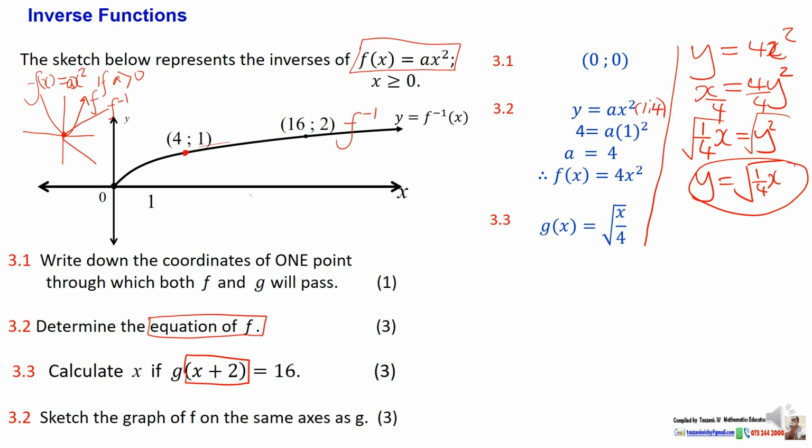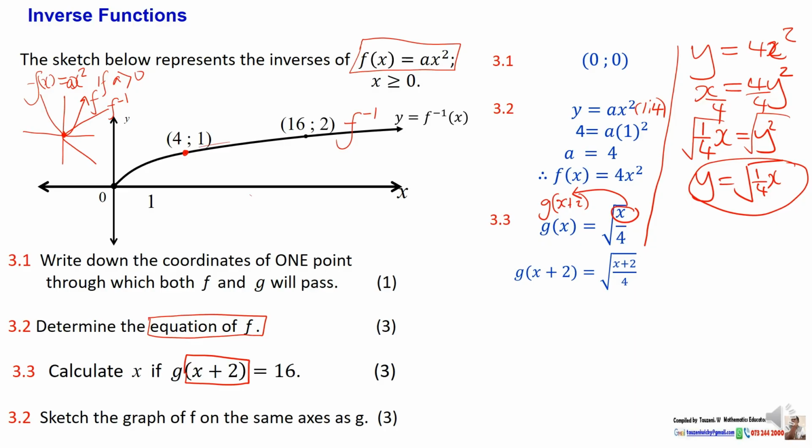Now if we say g of x plus 2, it means in the equation of g, you remove that x there and you replace it with x plus 2. So x over 4 becomes x plus 2 over 4.